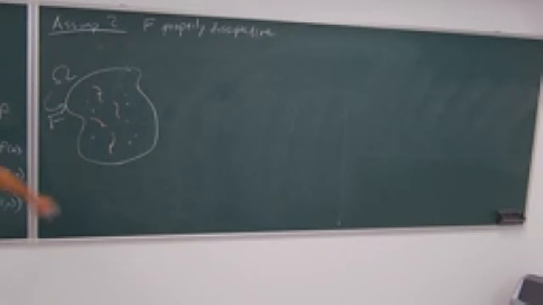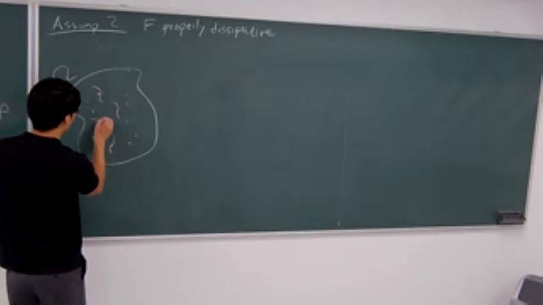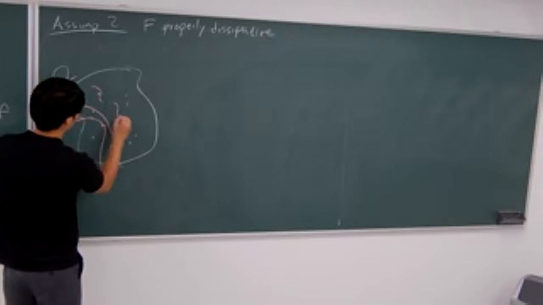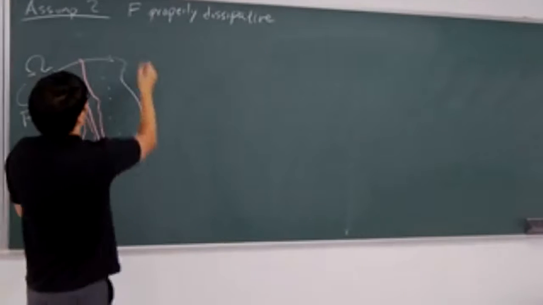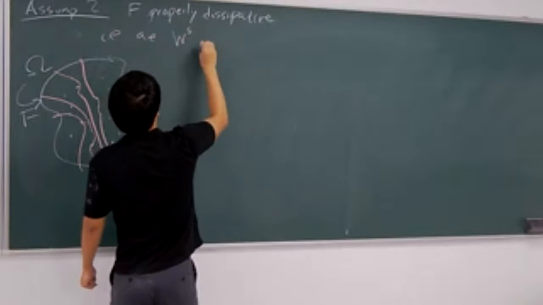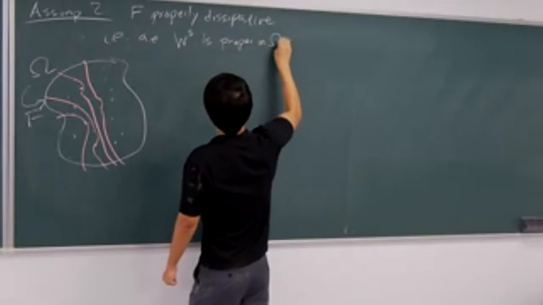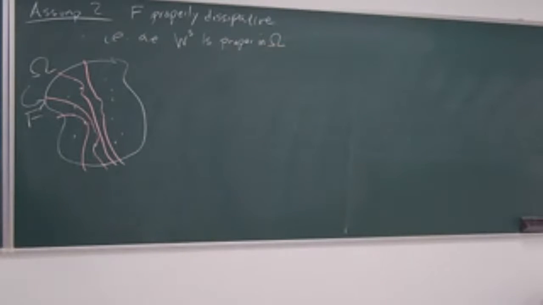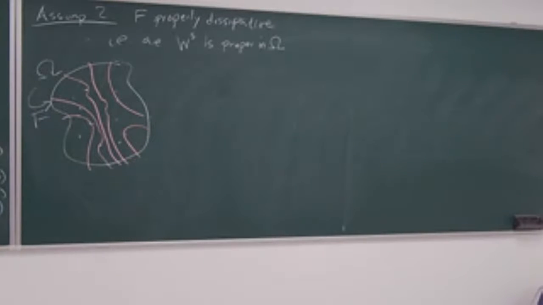It's properly dissipative if for almost all of these, the stable manifolds are global in the sense that they separate omega. So we say that these manifolds are proper, i.e., almost every stable manifold is proper. If you take almost every stable manifold, it will separate the domain into two pieces.